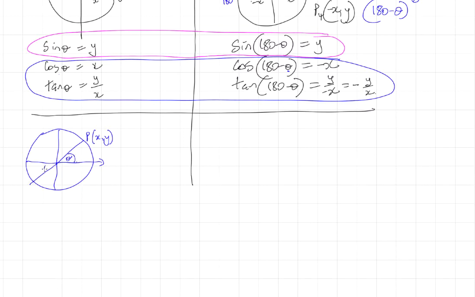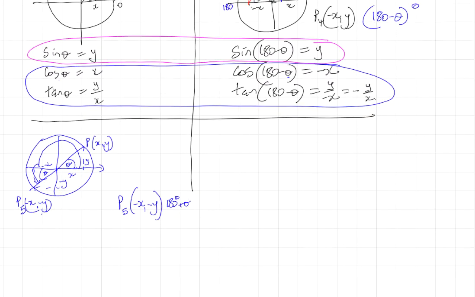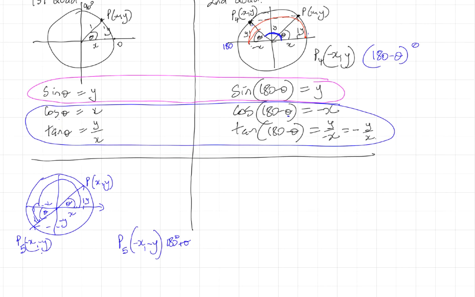Now if I come through theta there and make this P5, so here's my x and y, this will be negative y, this will be negative x, so we've got negative x, negative y, and the angle is all the way around there, and then we're going to add another theta on. So point P5 has the coordinates (negative x, negative y), and the angle will be 180 degrees plus theta. Maybe if I can move that down a little bit and you can see what's going on with the first one.